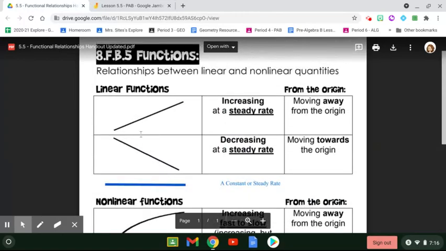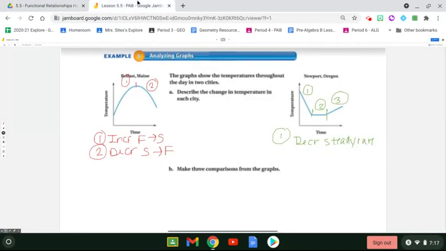So it would look more like this second graph under the linear function section. The second would be a constant rate. And the third section would be linear, and it would be increasing at a steady rate. So if we think about the temperatures in Newport, Oregon, it would be decreasing at a steady rate. It's constant, maybe through the middle part of the day, and then increasing at a steady rate towards the end of the day.